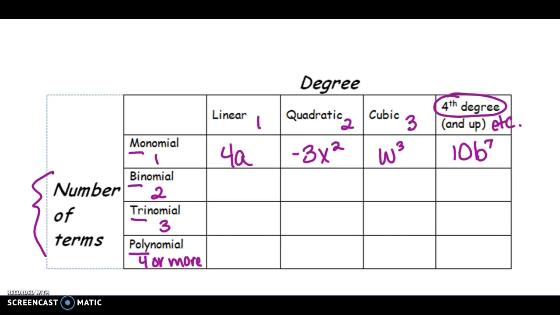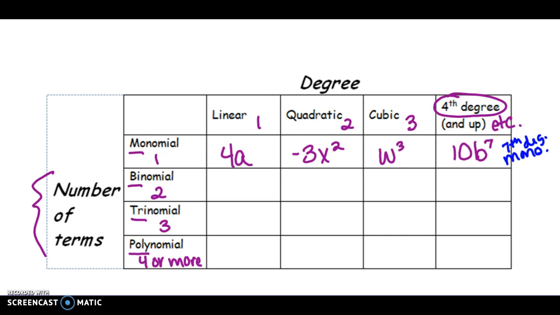And I'm going to reiterate the fact that that is called a 7th degree monomial only because you actually just say the number when it's 4 or more. So those are all monomials because they're just one product, 4a, or negative 3x squared, but they're not being added or subtracted with anything. So they're monomials, one term.